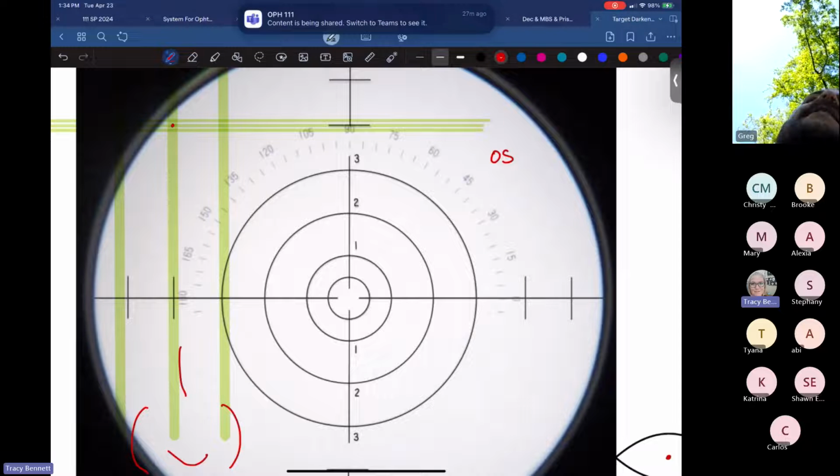And what vertical and horizontal prism do you have? So what's the vertical direction? Base up. 4 diopters base up.